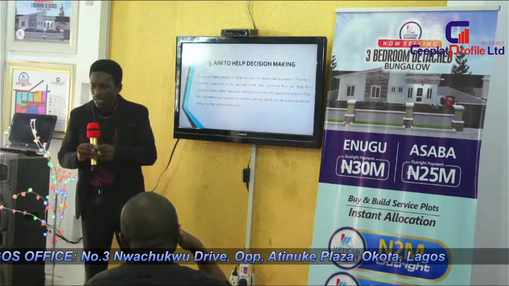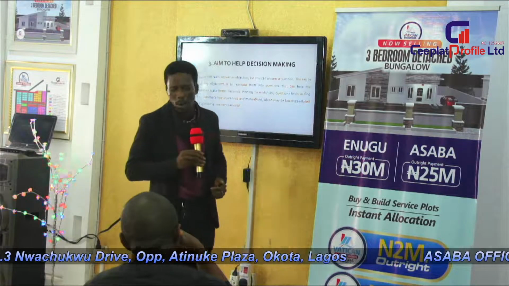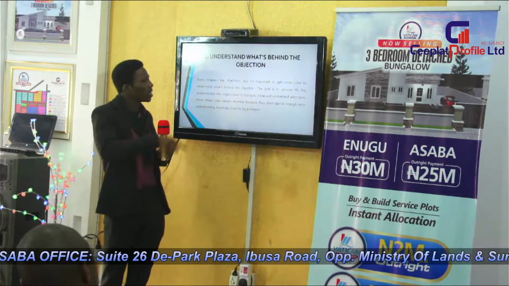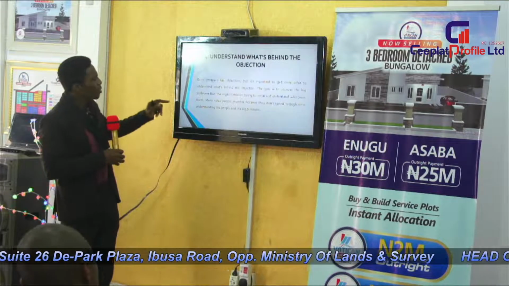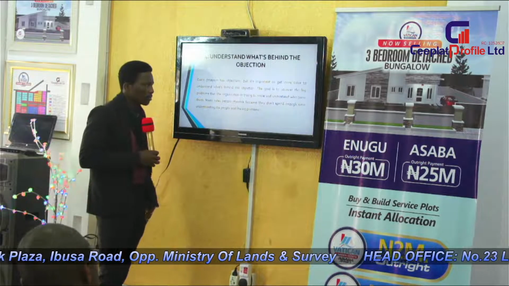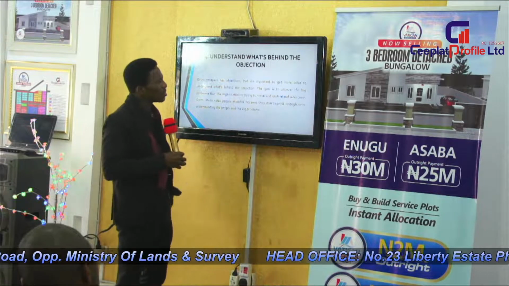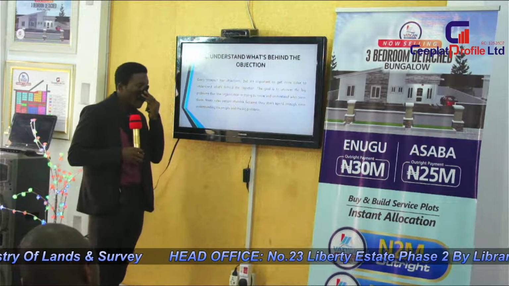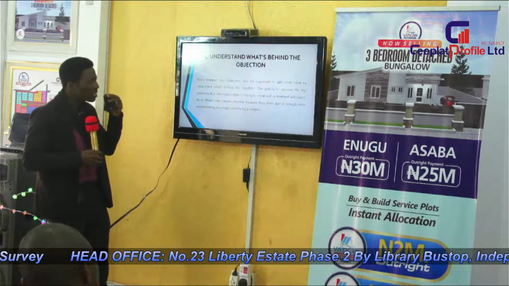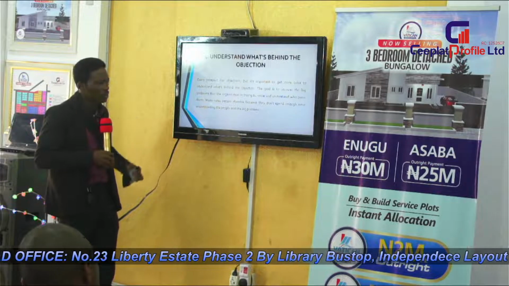If you remember, sir, I don't know if you were here when Mr. Jackson was speaking about objection. He says every prospect has objections, but it is important to get more color to understand what is behind the objection.